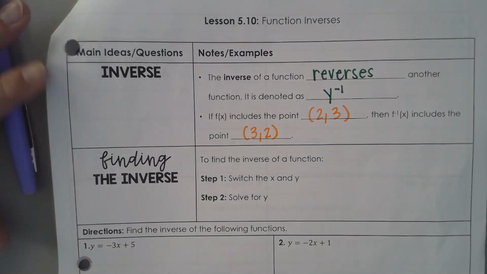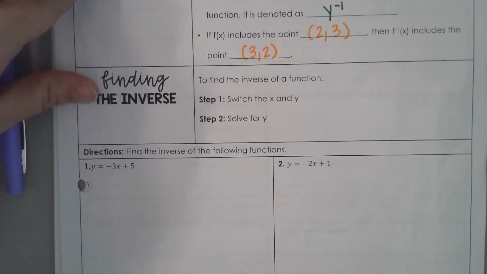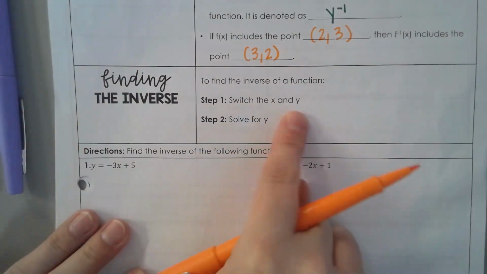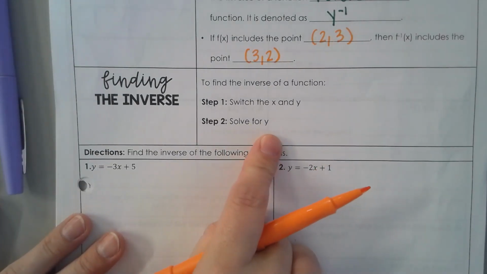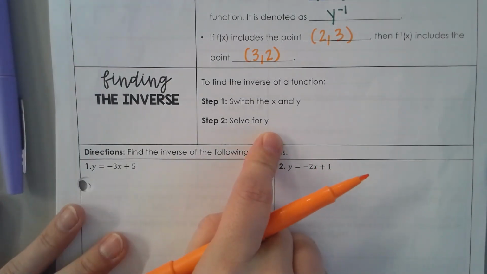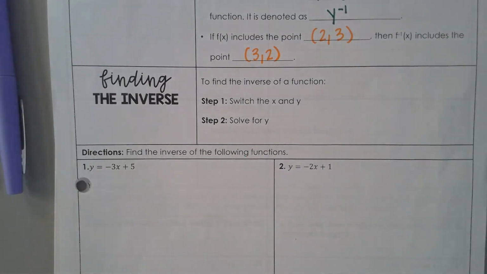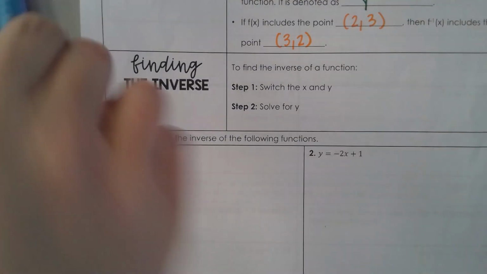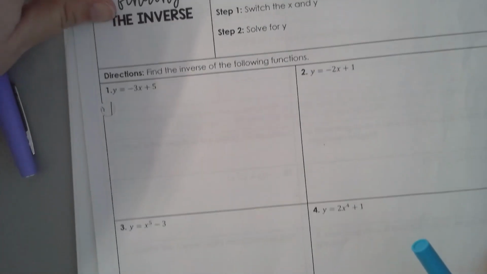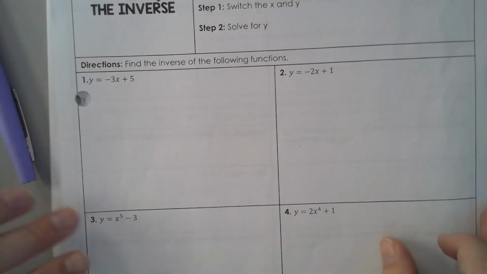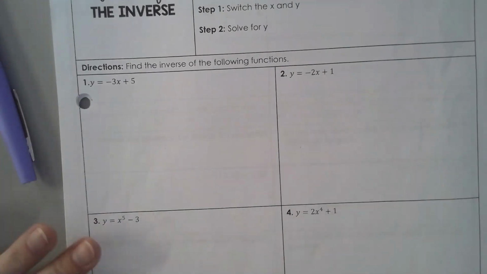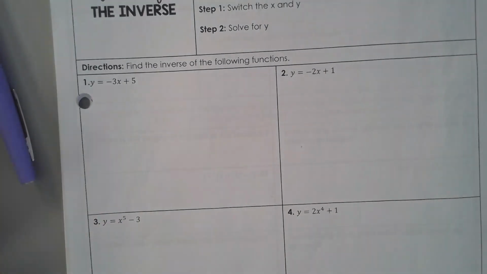So to find the inverse of a function, we switch the x and y, and then we solve for y, meaning we try to get the y by itself. Let's start with number 1 and work through these step by step. Every question on your practice will have one just like in our notes, so you'll always have one to look at the steps.